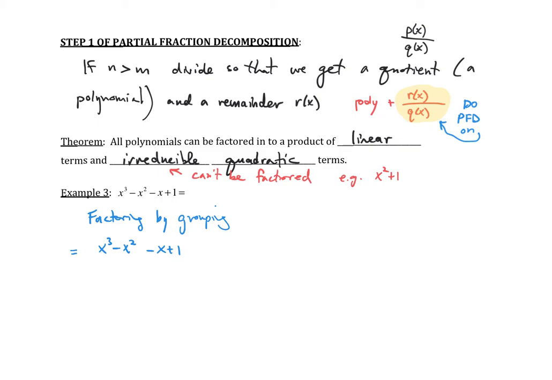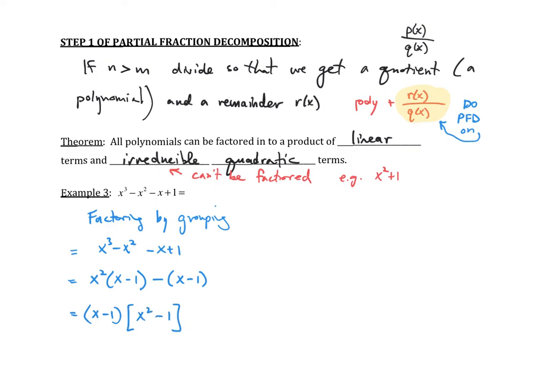Then I could pull out an x squared from the first two terms, so I'll have an x squared and an x minus 1 left over. And then I could factor out a negative from the second two terms. When I pull out a negative, that's going to give me an x minus 1 for those last two terms. Now you can see we have a common factor of x minus 1. So we can pull that out, and we get x minus 1 times x squared minus 1.